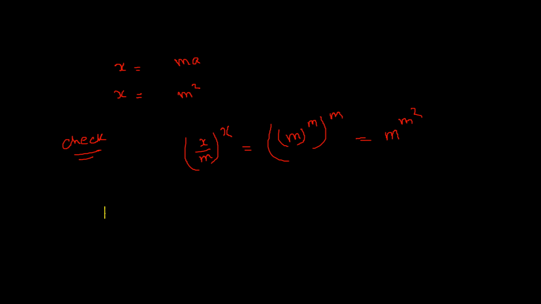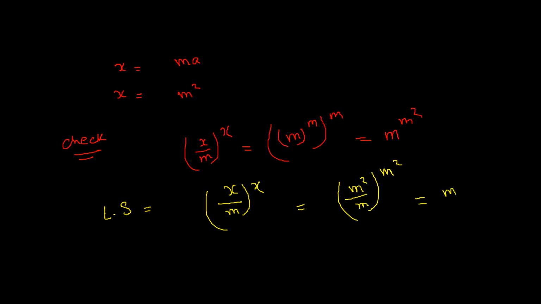The left side of the equation is (x over m) whole raised to power x, and when we plug in the value that we have found, x equals m squared, we get (m squared over m) whole raised to power m squared, which makes it m raised to power m squared, which is the right side. So it means that it satisfies the given equation.